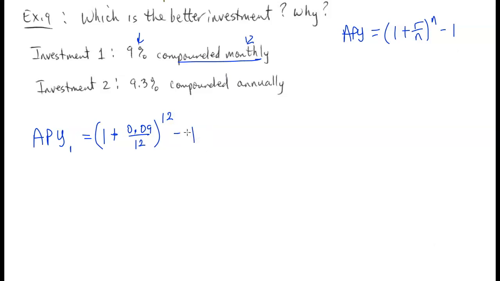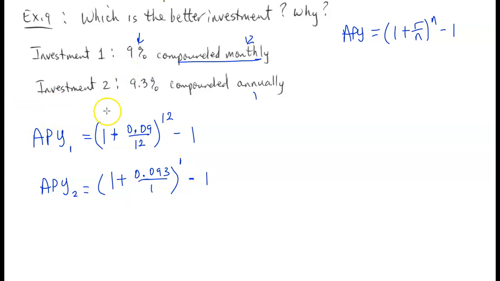Okay. So for the next one, investment 2, kind of the same thing. Of course, the interest rate now is 9.3%, and we're compounding annually, so that means N is 1. That'll get raised to the 1, minus 1 there.